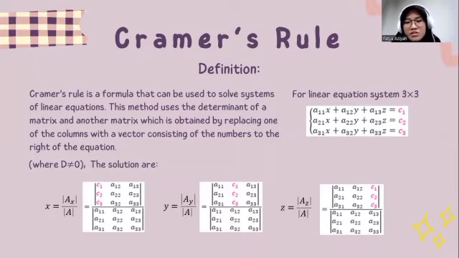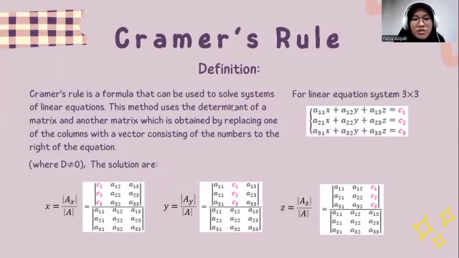So for a linear equation system 3 times 3, where the determinant is not equal to 0, the solutions are: x is equal to determinant of Ax over determinant of A, and then y is determinant of Ay over determinant of A, and z is equal to determinant of Az over determinant of A.